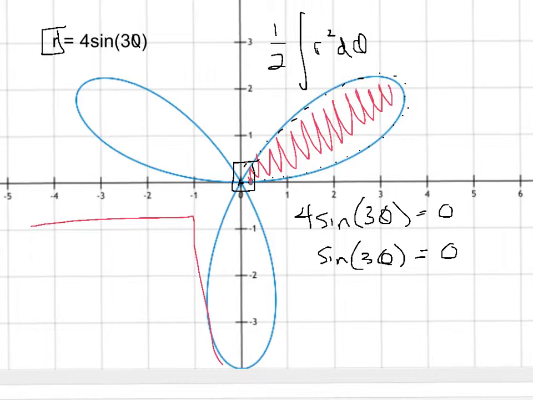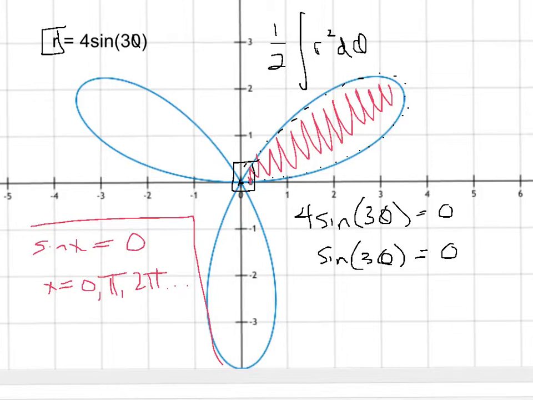I think the way we like to do it in Calc 1 is to say, well, when would the sine of x be 0? Well, x would be 0, or pi, or 2 pi, or 3 pi, and so on. I only need 2 bounds, so I don't need to go any further than that.